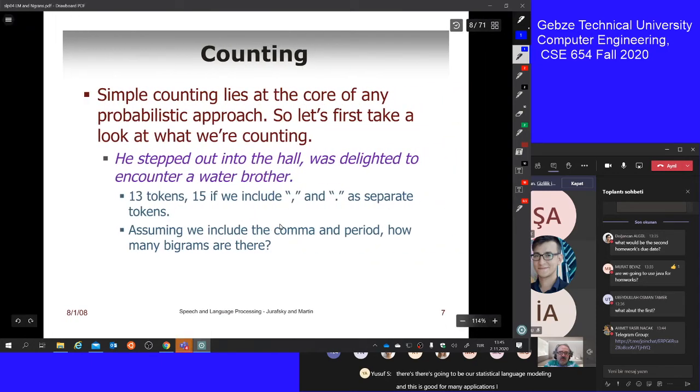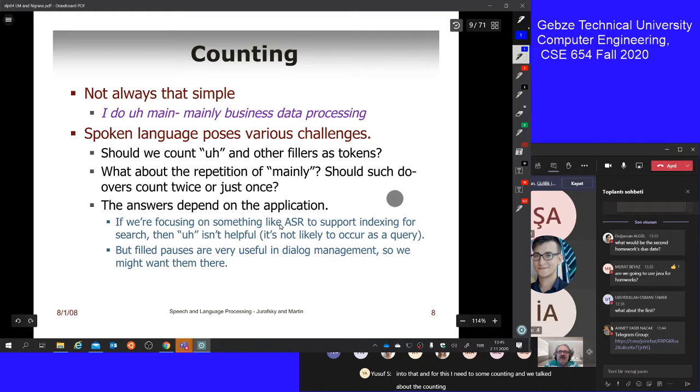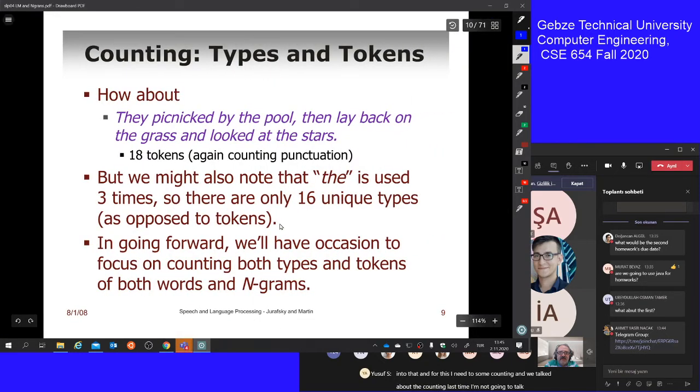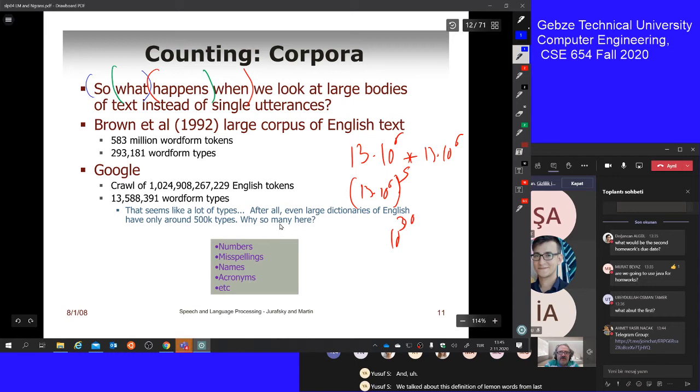I'm not going to go into that, and for this I need to do some counting, and we talked about the counting last time. I'm not going to talk about that again, and we talked about this definition of lemma and word form last time. We talked about this slide a lot. We said that people kept statistics of word counts, and they have corpora.